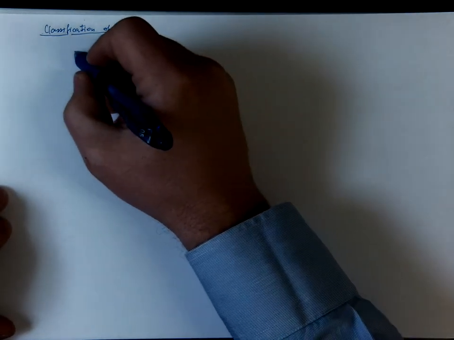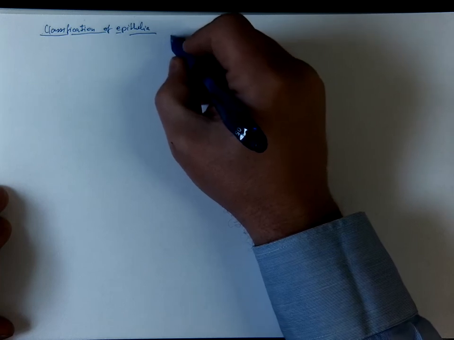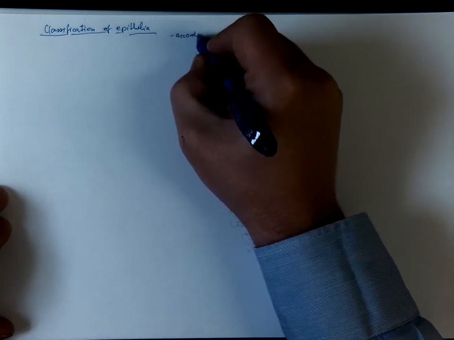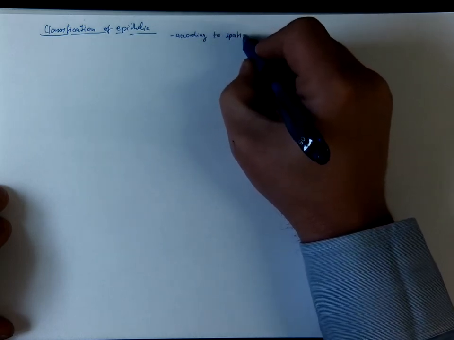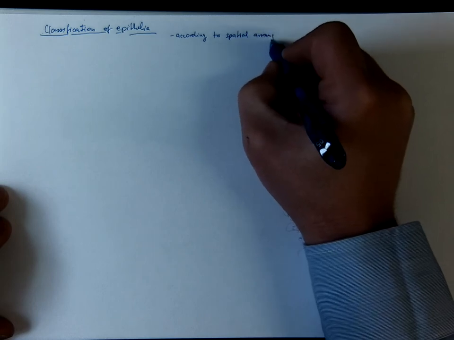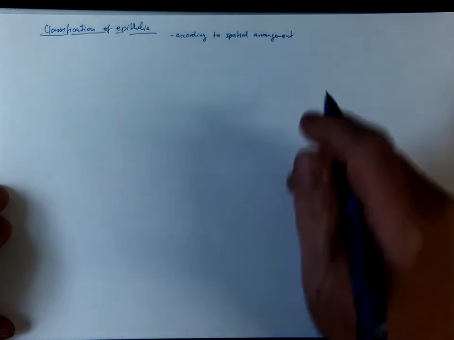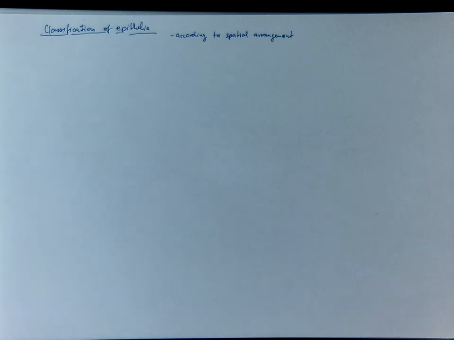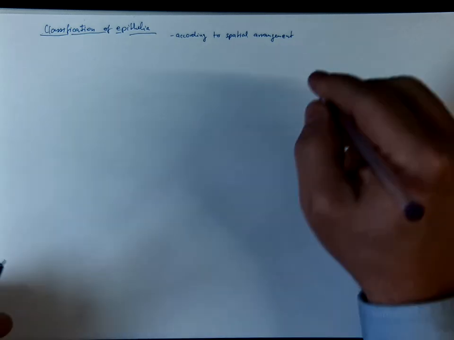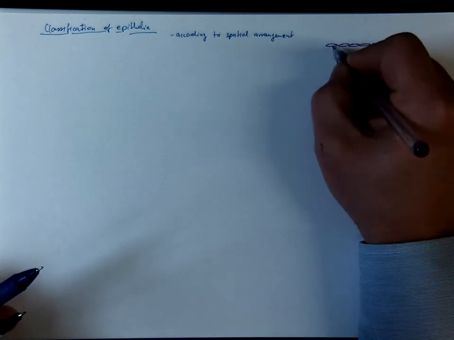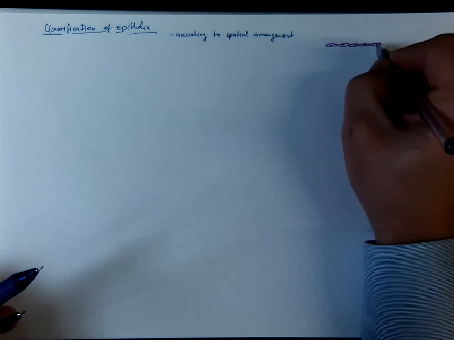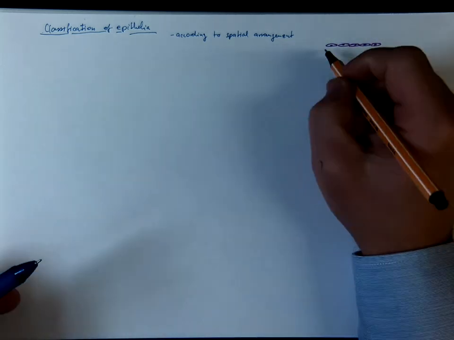Okay, let's discuss how epithelia can be classified. There are more ways how to do that. The first would be according to their spatial arrangement, while the most common situation in the human body is that the epithelial cells are covering, protecting, and lining some surfaces or cavities.